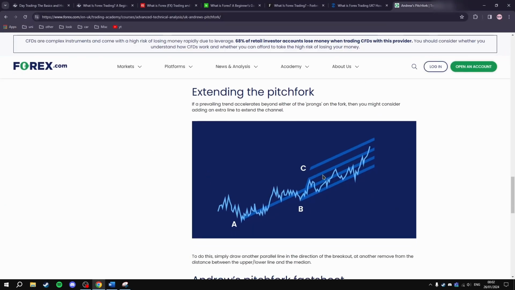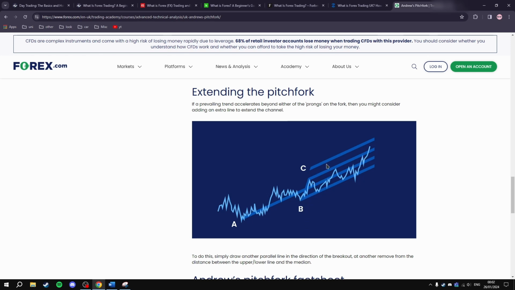So in here we can see one of the added lines is probably C here. To do this, simply draw another parallel line in the direction of the breakout, at another remove from the distance between the upper or lower line and the median.